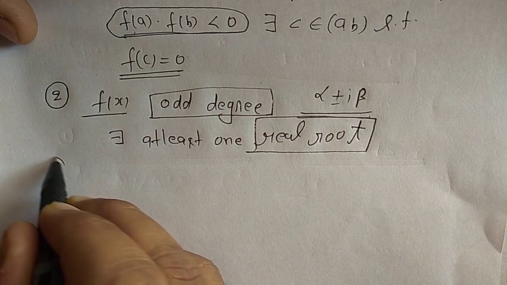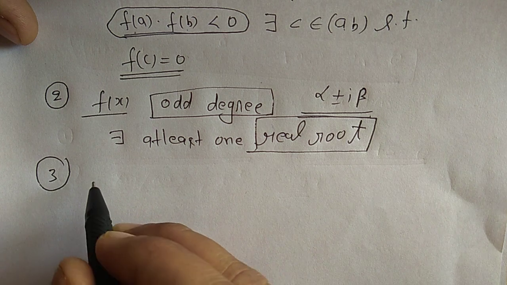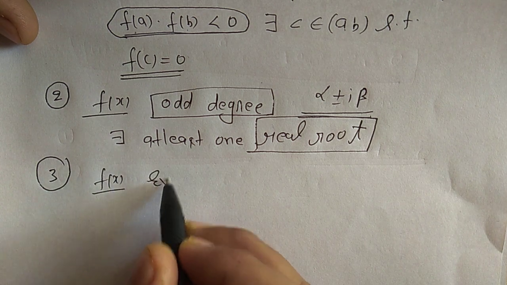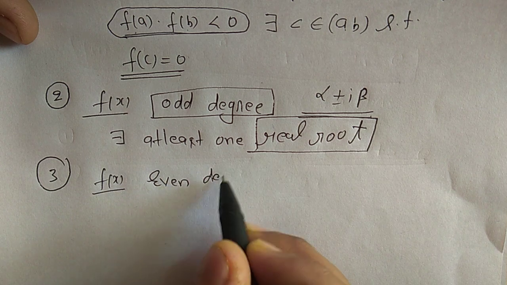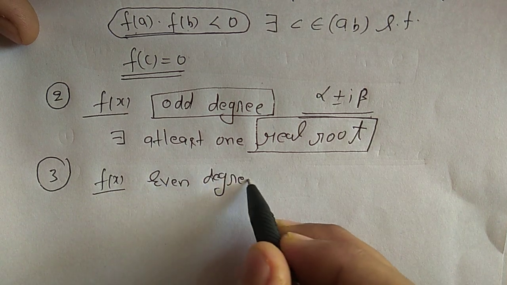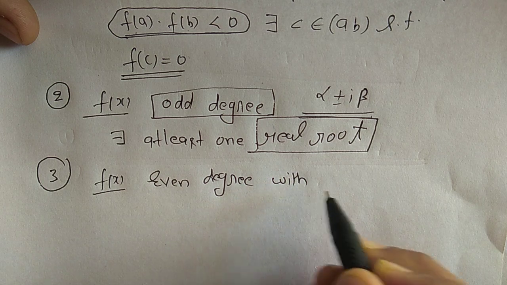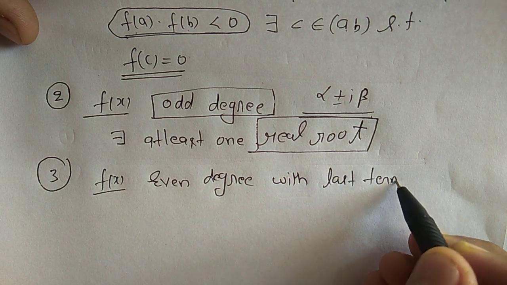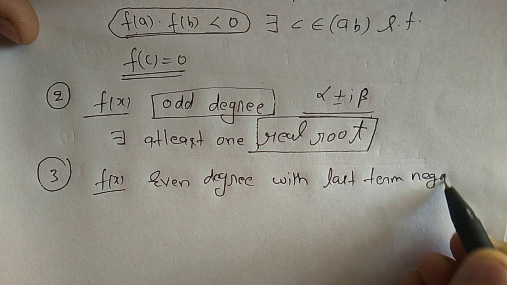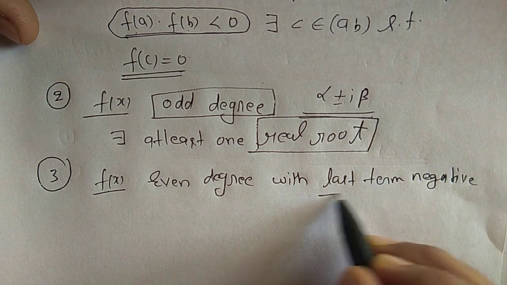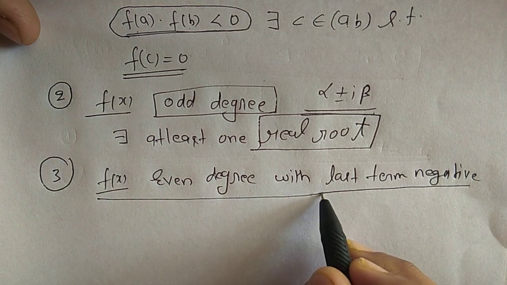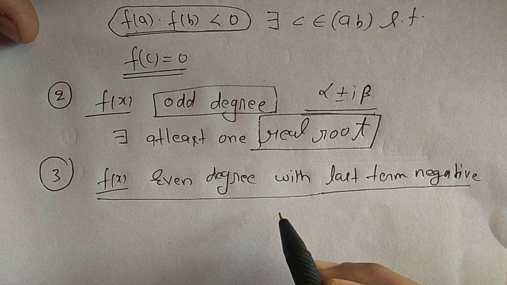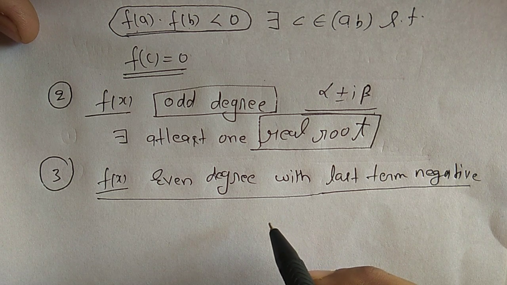Third property we have: if the equation has even degree with last term negative, then this equation has at least one pair of positive and negative real roots.